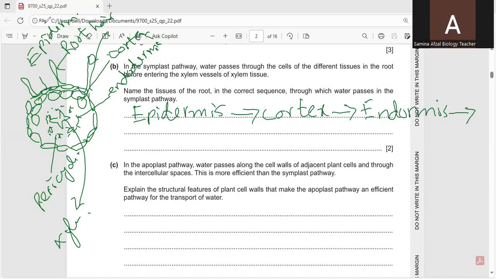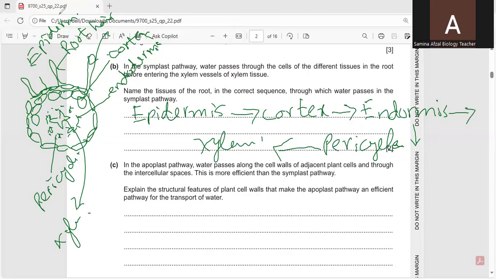From endodermis, it will enter into the pericycle. And from pericycle, finally, the water enters into the xylem vessels. So this is the correct sequence of how the water is absorbed through the root hair cells, then it moves through these different parts.